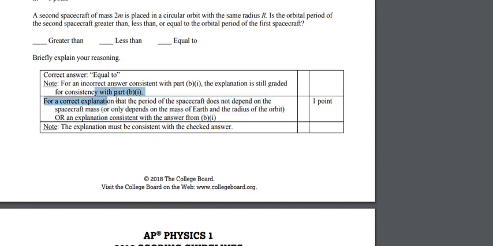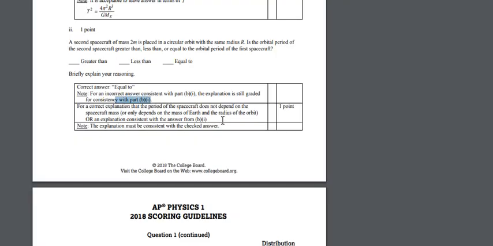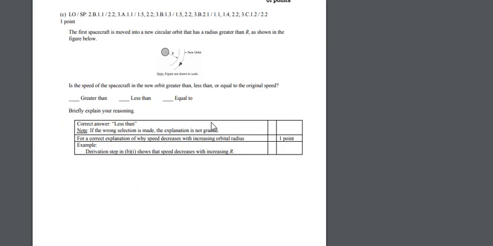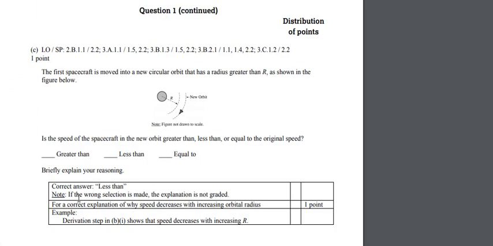What this means is if you had messed up your equation in the first part and you worked on the assumption that it was correct, then you wouldn't lose a point. Okay, and then for the next one, yep, less than was right. If the wrong selection was made, you're out of luck, and they want an explanation. So, derivation in step BI shows the speed decreases with increasing R. Good to know.